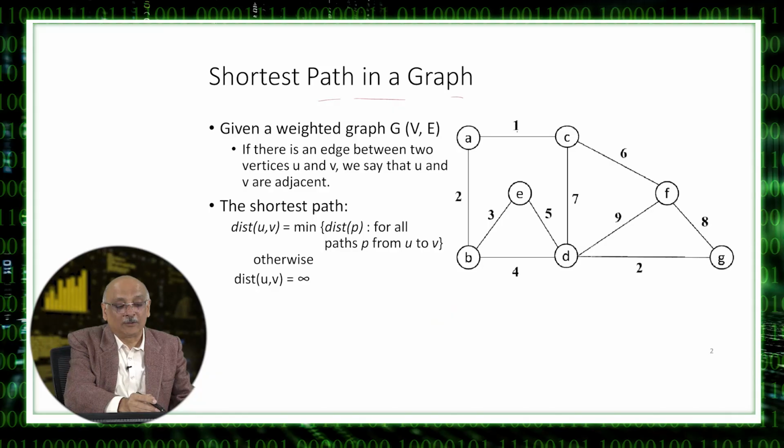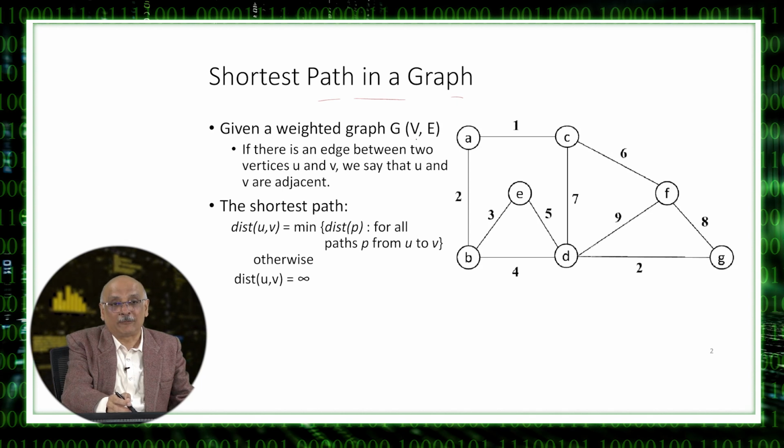Depending on what exactly you want: shortest time or shortest distance to travel. So given a weighted graph G with a set of vertices and a set of edges, if there is an edge between two vertices U and V, we say that U and V are adjacent.